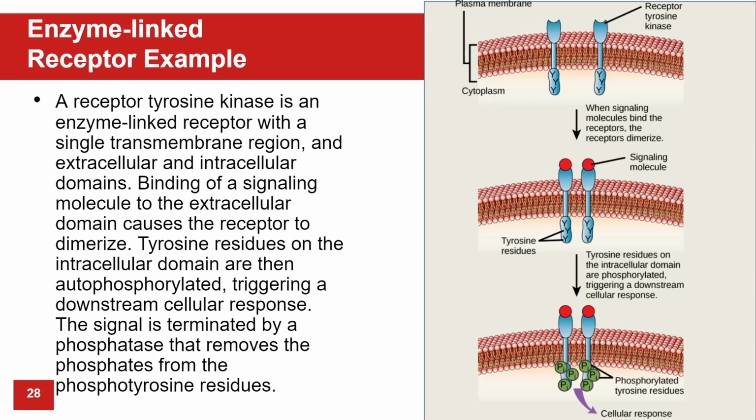You add a phosphate group. So auto means automatically or self. This triggers a downstream cellular response, and a phosphatase removes the phosphates from the phosphotyrosine residues. So essentially, I'm going to talk about it being dimerized. It kind of pairs up with another thing, and then it sends those signals on the inside of the cell.